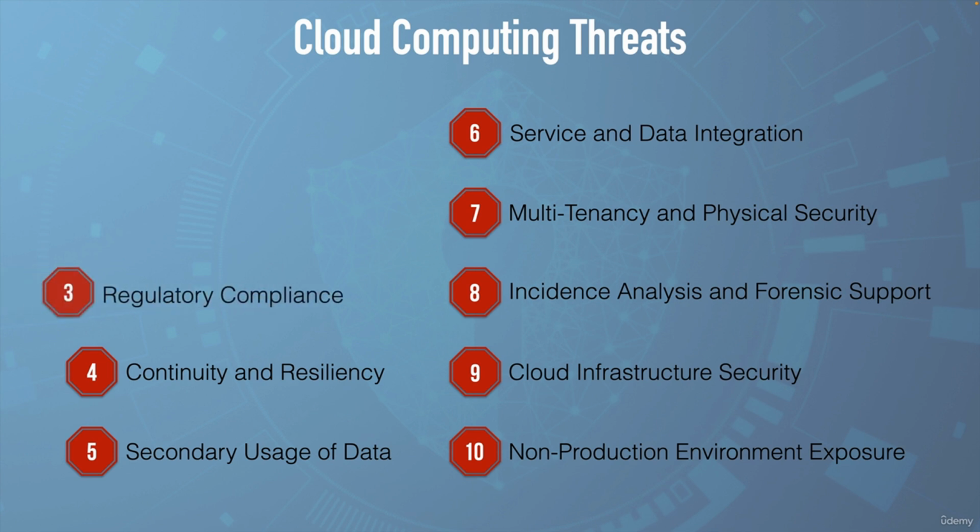Next, we have regulatory compliance. If we're working in an industry that falls under specific regulatory compliance requirements, such as PCI or SOX or maybe HIPAA in the healthcare industry, then this would certainly be a concern when we're using cloud resources. One of the main considerations for ensuring that we are compliant is the physical location of our data. The reason being that data storage privacy laws can actually vary between countries.